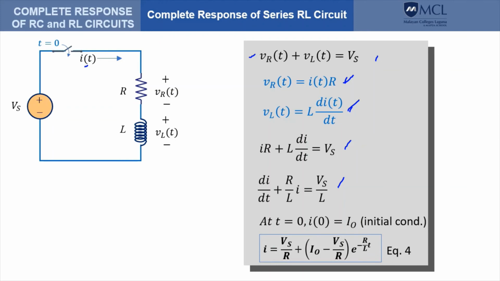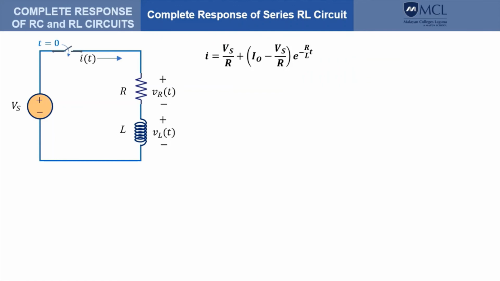Using the initial condition that at t equals 0, the current through the inductor is I sub naught, we will get the solution for I as shown in equation 4. Here is the equation for I again.